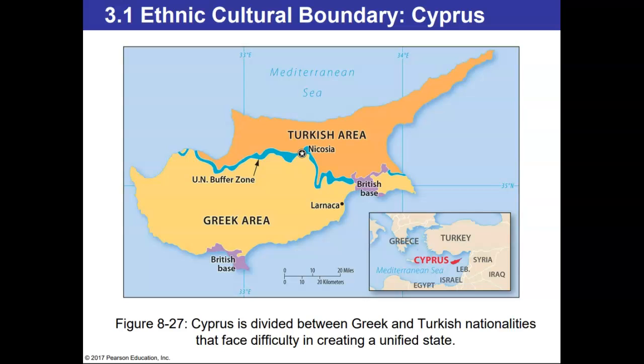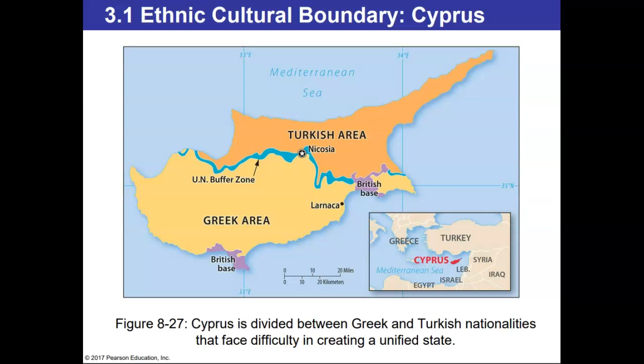As you can see in the map, a wall was constructed between the two areas, and we know this to be the buffer zone that's patrolled by the United Nations, and it also runs and spans across the entire island. Traditionally, Greeks and Turkish Cypriots did mingle, but after this wall was created and established, it actually isolated the two ethnic groups more and contributed to this hostility. Many are optimistic about the future of Cyprus between these two ethnicities.